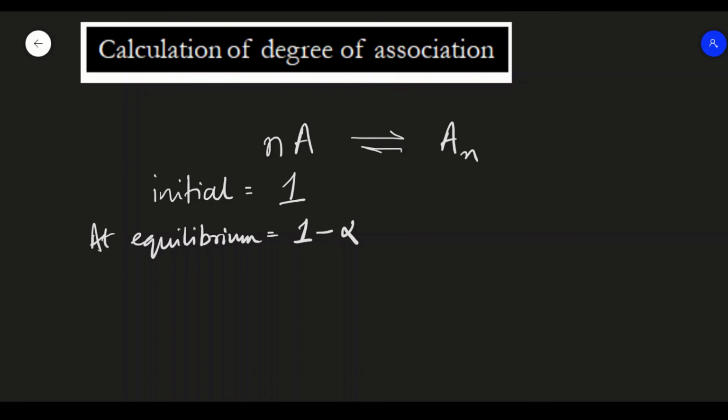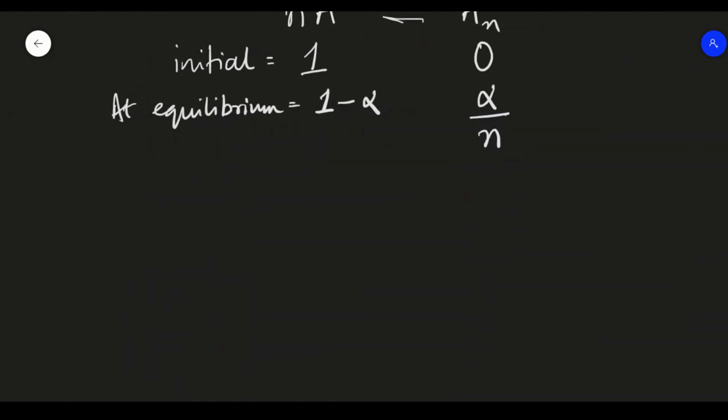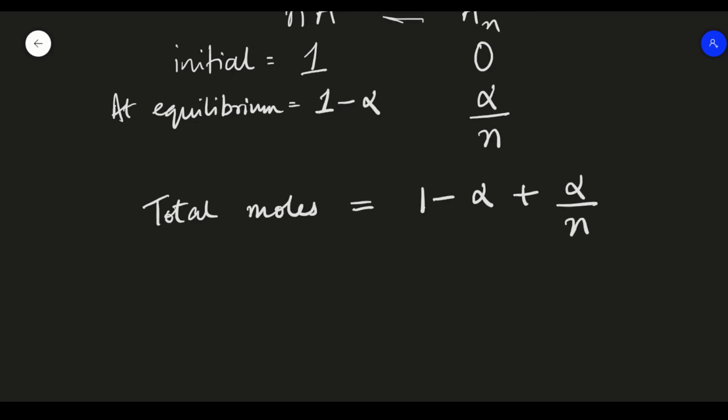Now, the initial concentration of the associated molecules will obviously be equal to 0, and at equilibrium, the number of moles of the associated molecules will be equal to alpha divided by n. So therefore, the total number of moles after association is equal to 1 minus alpha plus alpha divided by n.